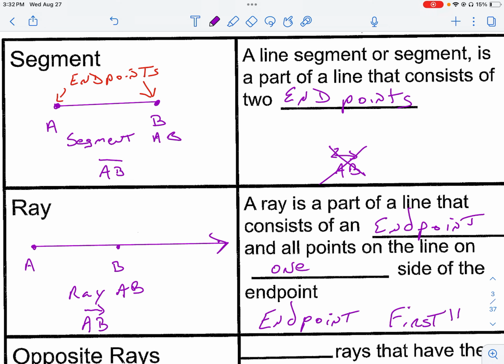The reason we do that is because we're starting at our endpoint and we're going out through another point onto forever. So we need to know where we start. Well, we're starting at A. That's what this ray symbol tells us.